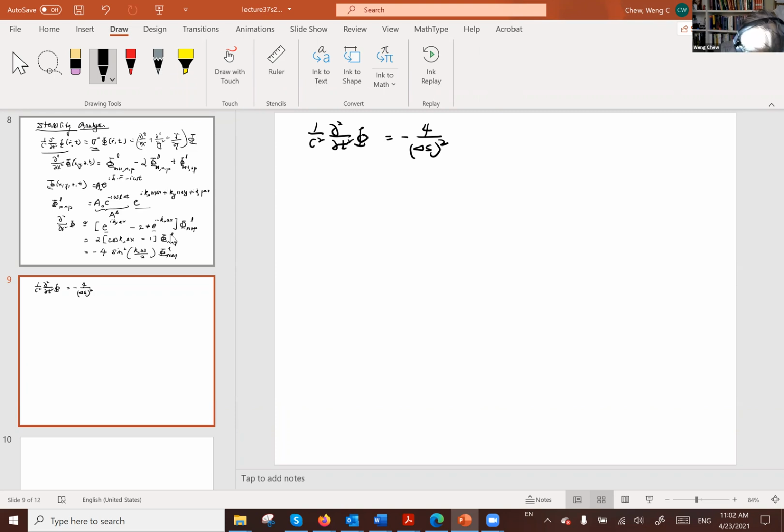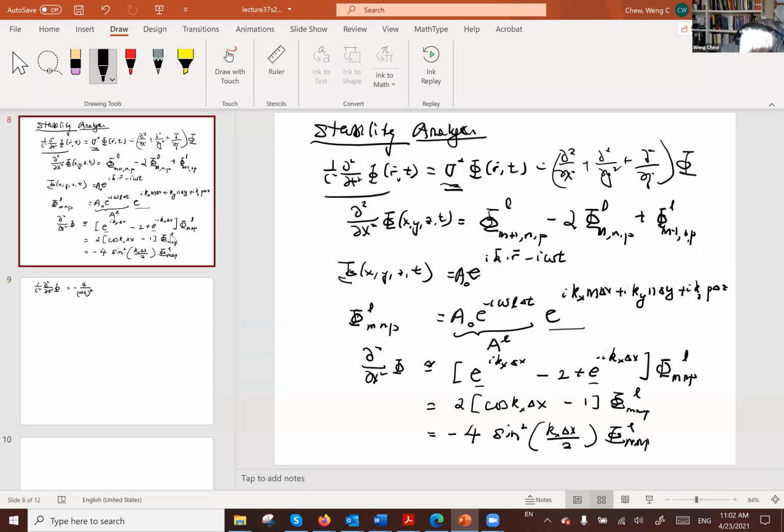Because I have missed a, when I do this, actually I need to divide by delta x squared, and I have missed that in this approximation. So I should go back and put that back in.